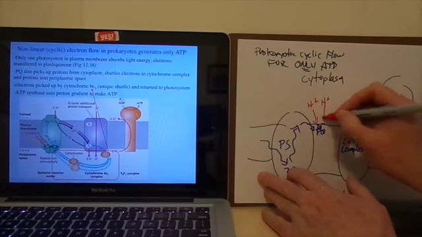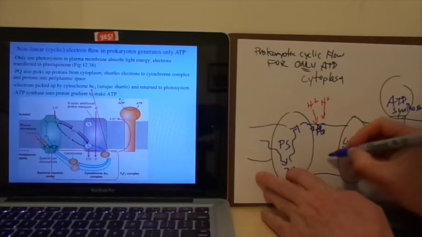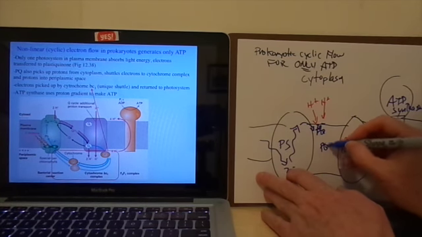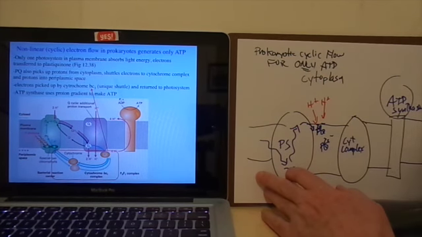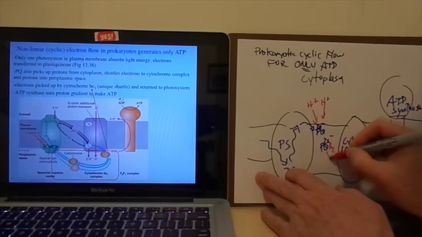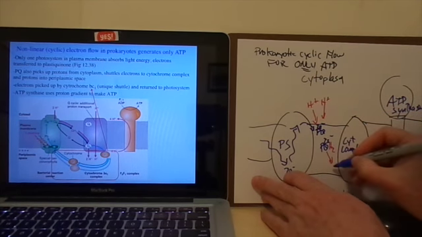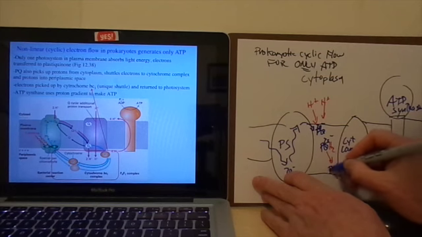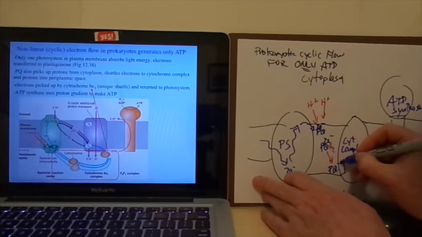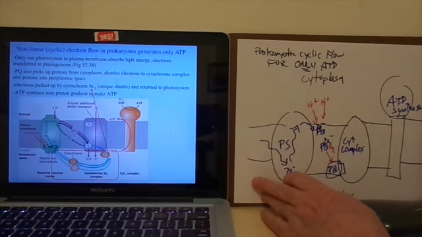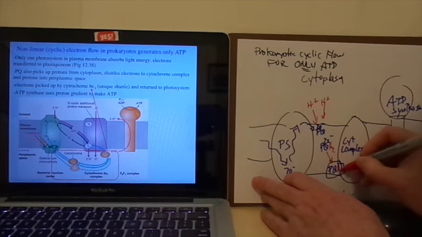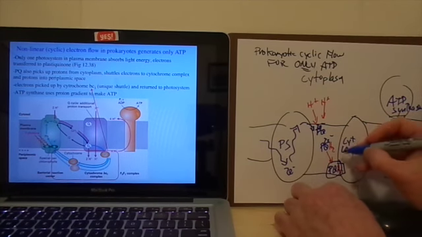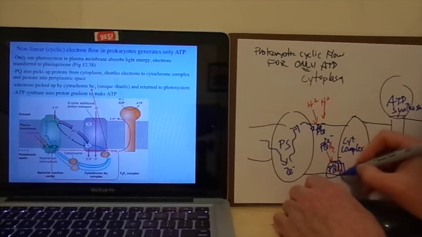Now it's in its PQH2 2e- state. It's going to bind down here because the cytochrome complex, just like all the other ones, only has a binding site that can bind PQH2 2e- with high affinity on the extracellular side of this plasma membrane.